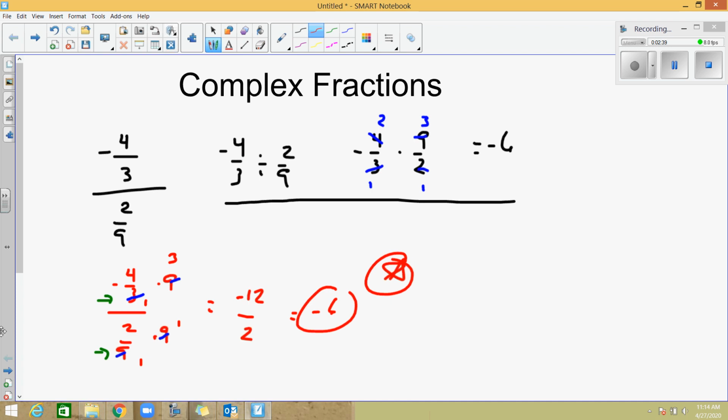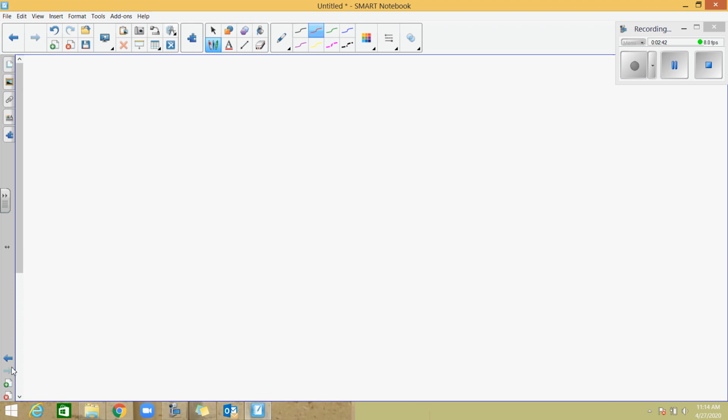So let's go ahead. Let's just do a couple problems. Let me get back to black here. Let's say I've got 6 plus 2 over r, and I've got 3r plus 1 all over 4. Yeah, I can go top to bottom, left to right, but this poses a big problem.